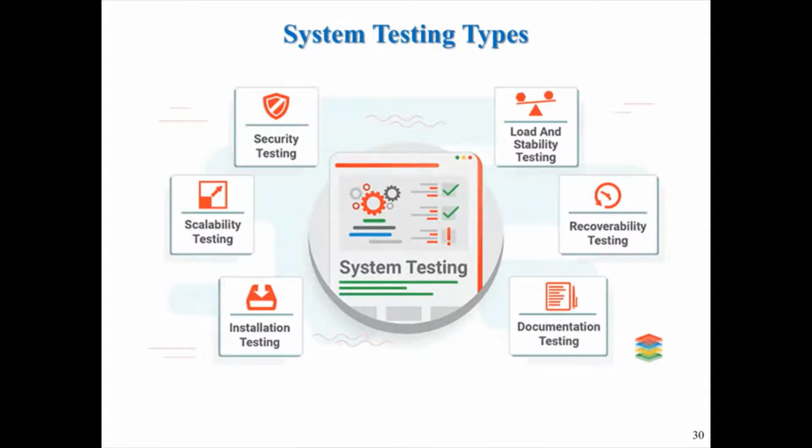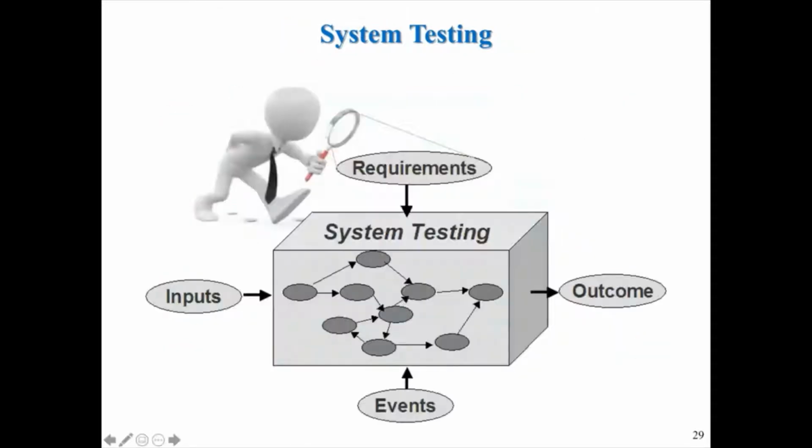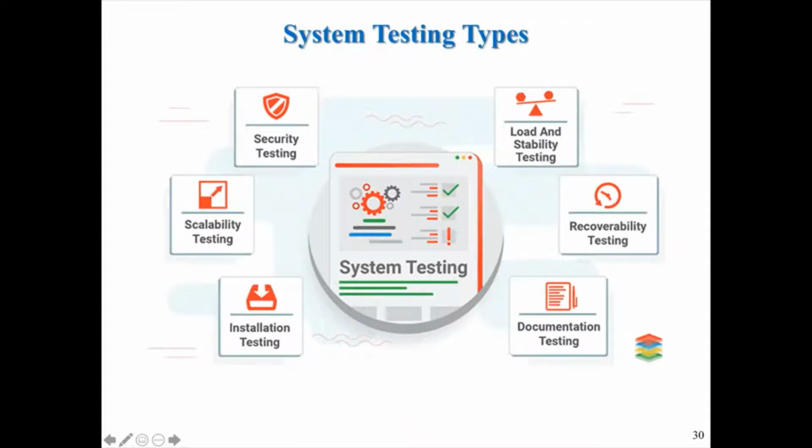Here are some of the major types of system testing. In system testing, the first thing starts from the requirements. After the requirements, you will be checking security, scalability, how the installation of your software works, and even the documentation. This is also very important, because you will not always be sitting inside your client's office explaining things to them.